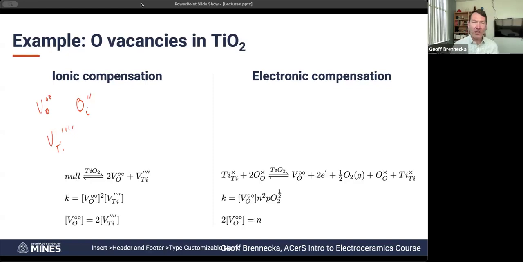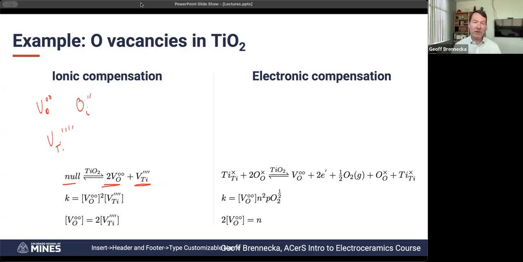So one option for ionic compensation is we've got oxygen vacancies, and then for every 2 oxygen vacancies, we have 1 titanium vacancy. And all we did was remove 1 formula unit from that infinite lattice that is our baseline. Just like we did with Schottky defects, we start with the baseline, everything is perfect.